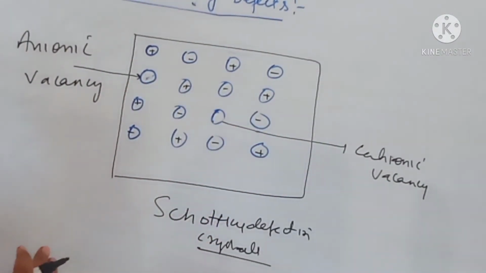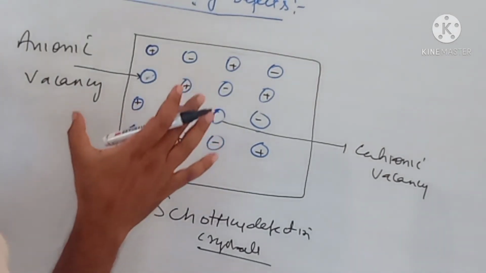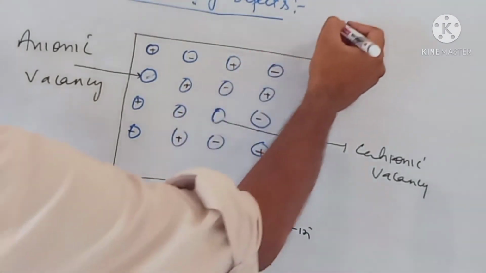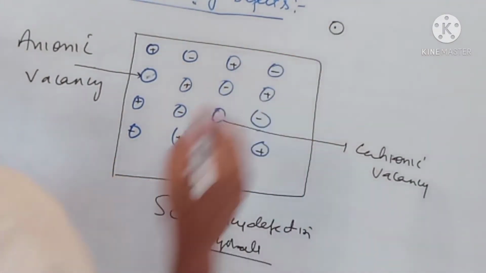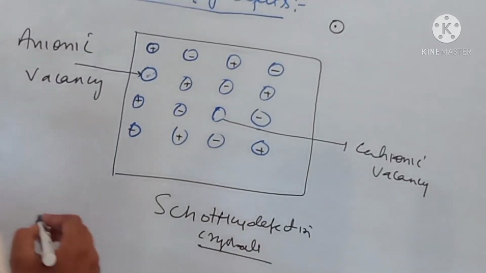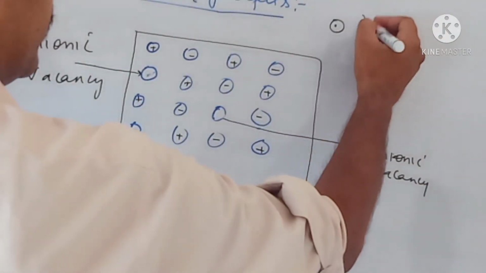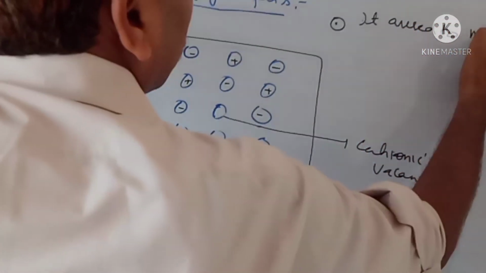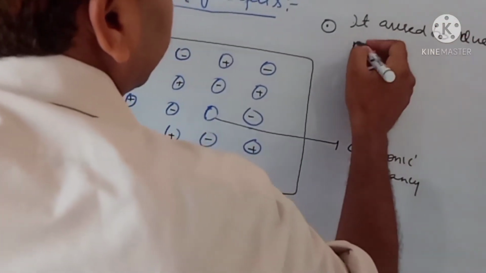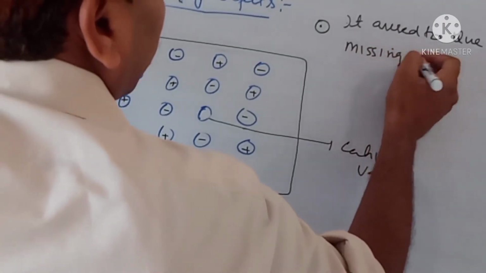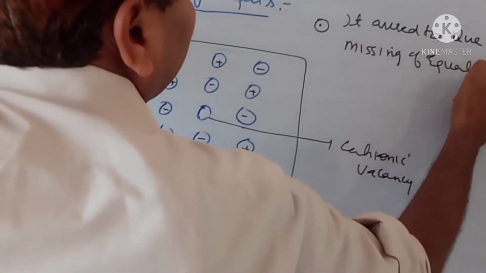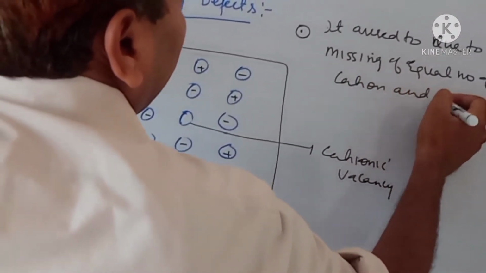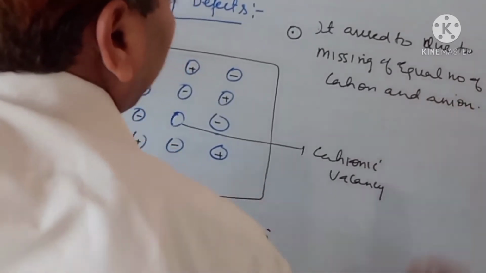Sometimes Schottky defect is also known as a vacancy defect. So case number 1: Schottky defect arises due to the missing of an equal number of cations and anions.